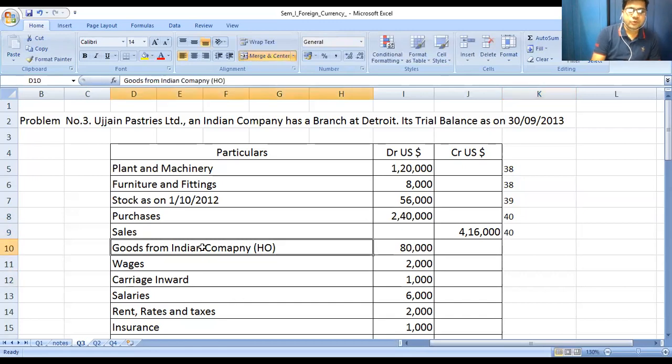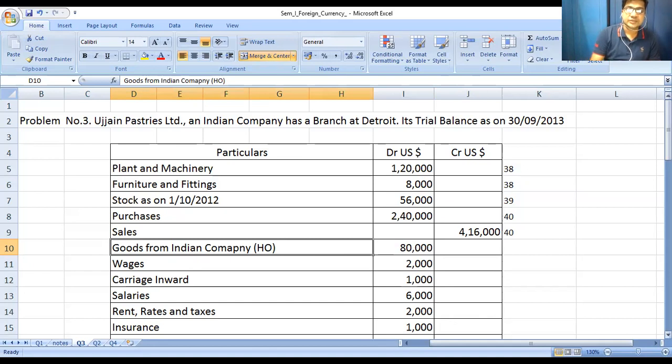Next, goods from Indian company 80,000, head office account. Goods from Indian company means that Ujjain Prestige, the Indian company, sends the goods to the branch. The goods sent to branch are 80,000 US dollar. Whenever goods are sent to branch, they will provide in the adjustment the goods sent to branch in rupee form.